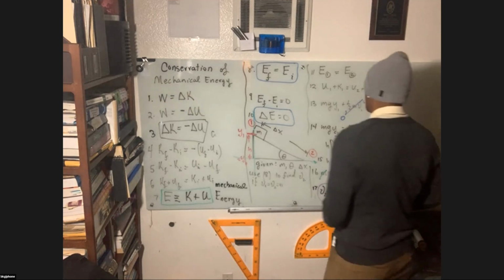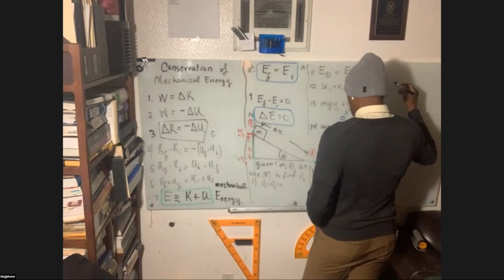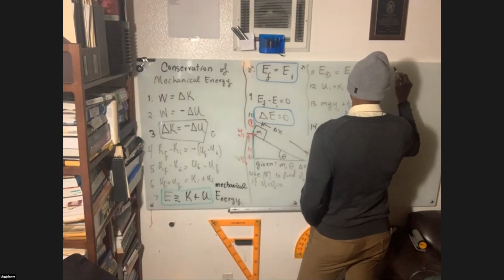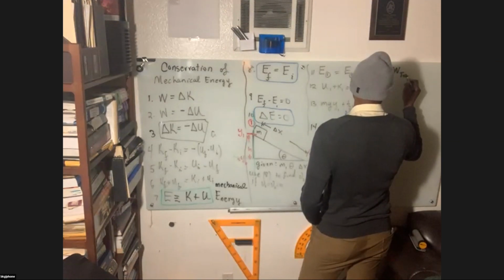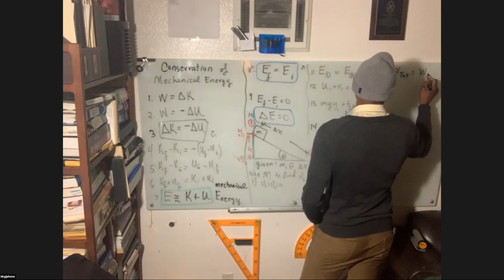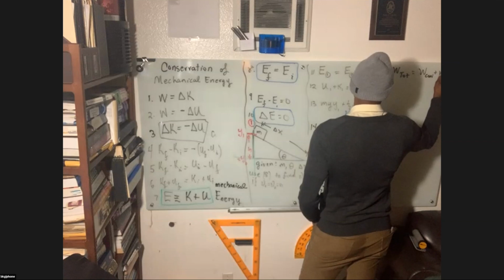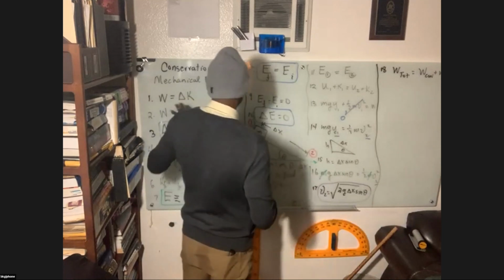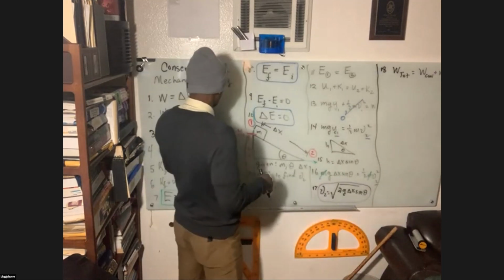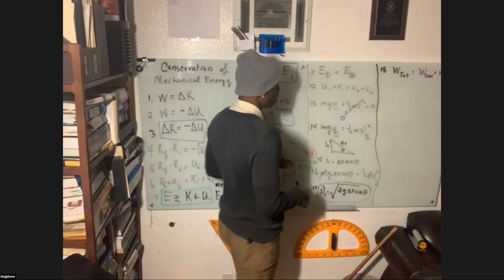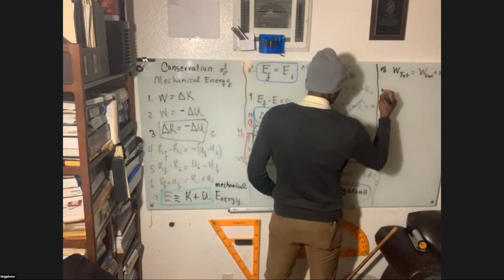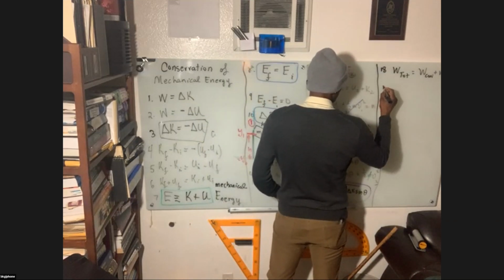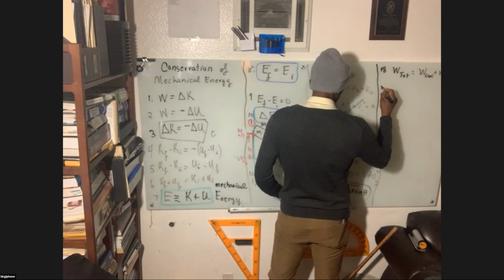In other words, I could define a total work on the system, work total, is equal to work done by conservative forces, which I write work sub con, plus work done by non-conservative forces like friction. So even though it did apply here, I didn't emphasize it. I want to rewrite this equation and emphasize that it's the total work by both conservative and non-conservative forces that's equal to the change in kinetic energy of the system, okay?